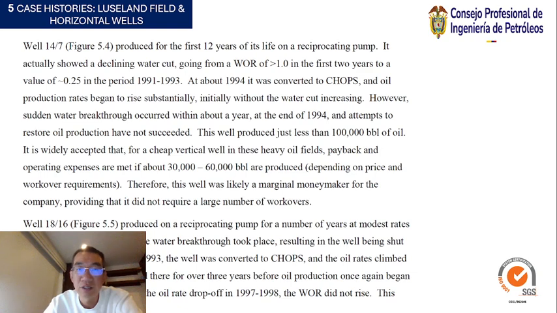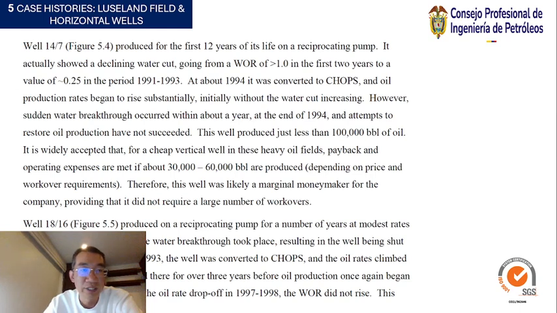At the end of 1994, attempts to restore oil production have not succeeded. This well produced just less than 100,000 barrels of oil.